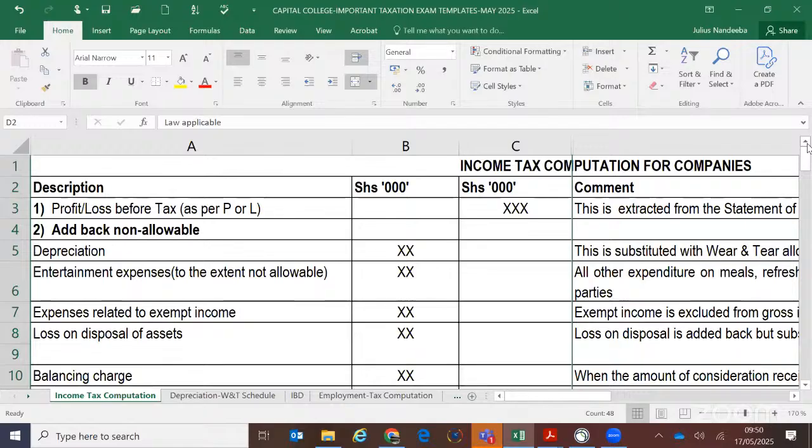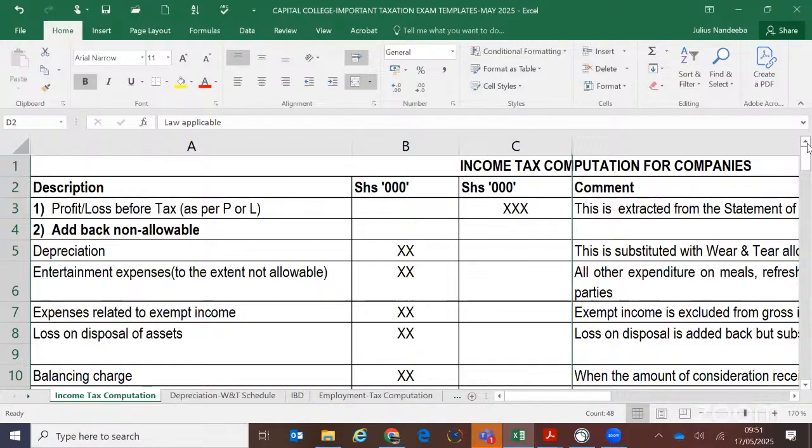Now, the first line, everyone must pick that mark. At least if you're going to get 0 in this exam, don't get 0. You have a mark to pick. And this mark is coming from the statement of profit or loss that they have given you, which is the profit or loss before tax. I am not talking about gross profit. I am not talking about operating profit. I am not talking about profit after tax.